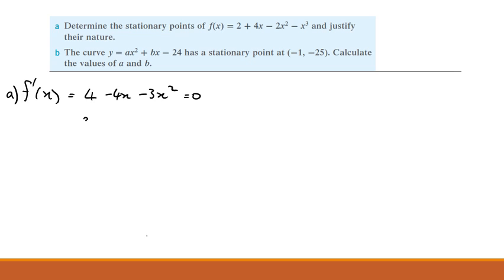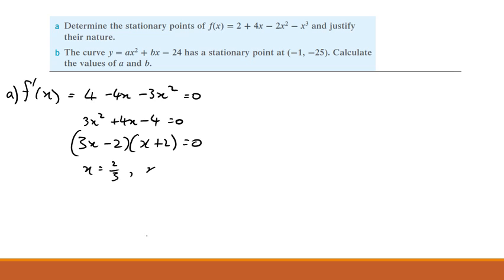To solve for it equal to 0, I'm just going to take a negative of the whole thing. 6 minus 2 gives us 0, so if we do 3x plus 2, x minus 2, we then have 6 minus 2, which gives us 4x. So then x is -2/3, or x is equal to 2.